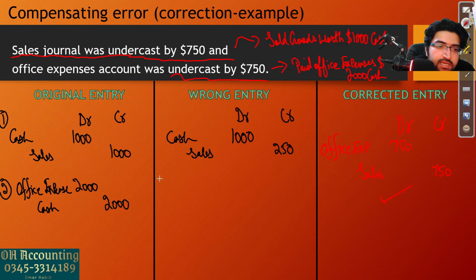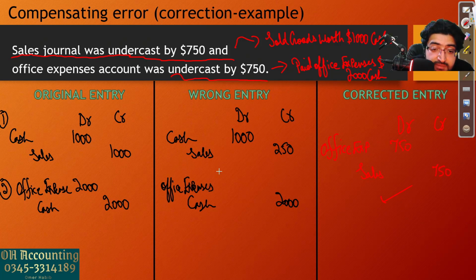Okay? Now on the other hand, transaction 2, office expense account was also undercast by 750, which means cash was credited by 2,000, which is fine, but the office expense account was undercast by 750, means you did not record this as 2,000.